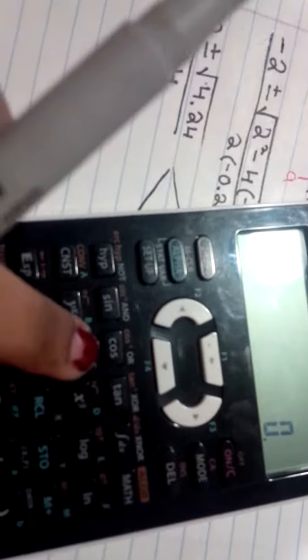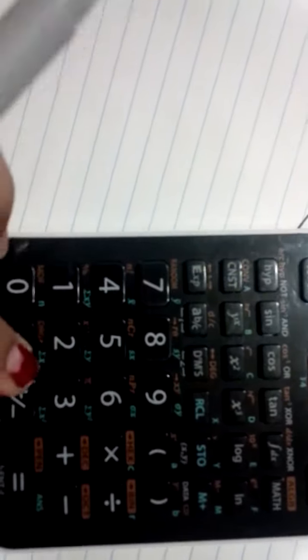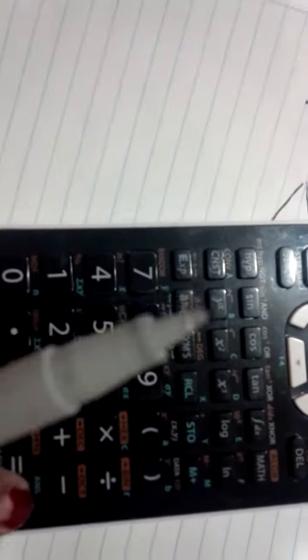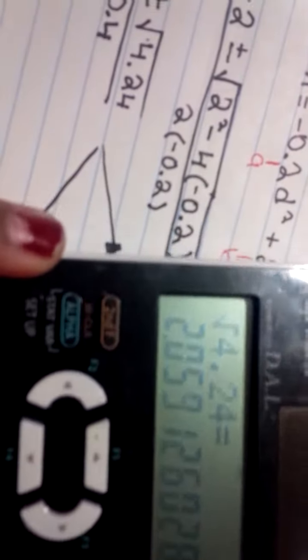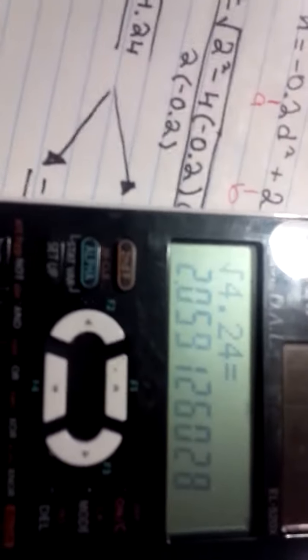So let's do that. Shift square root and 4.24, which gives us 2.0591 continued. So let's just write 2.059 in the corner. So we know that that's our square root of 4.24.